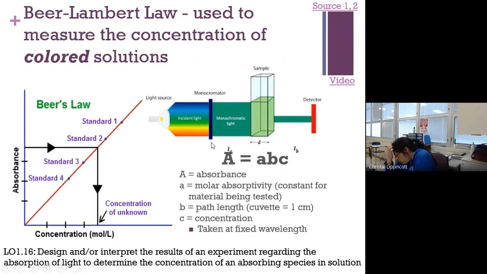Okay, this is Beer-Lambert. So this is when we're dealing with absorbance, molecular absorptivity. We've got path length, concentration here.